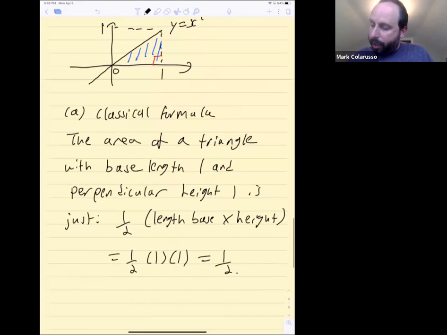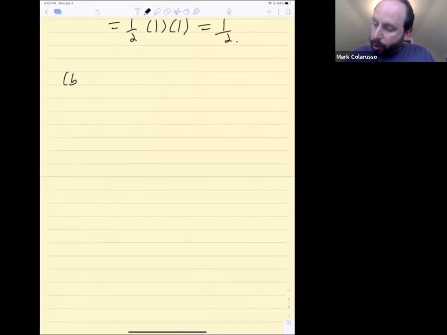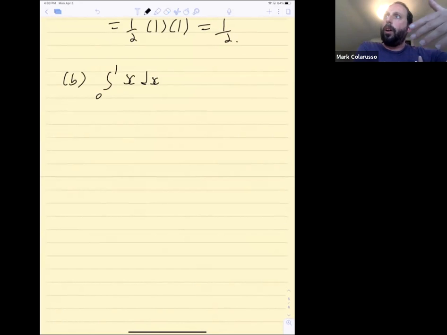Now, if you want to do it with calculus, you look at the integral. If you believe theorem 1 that I mentioned, you look at the integral from 0 to 1 of x dx. So we have to compute an antiderivative of x evaluated at 1 and then subtract the result when we put in 0. The antiderivative of x, reversing the power rule, is x squared over 2.